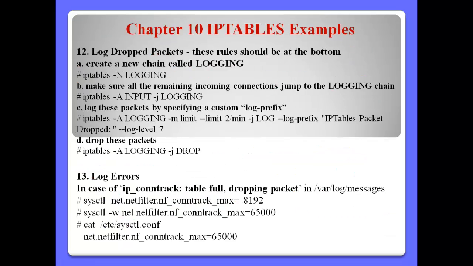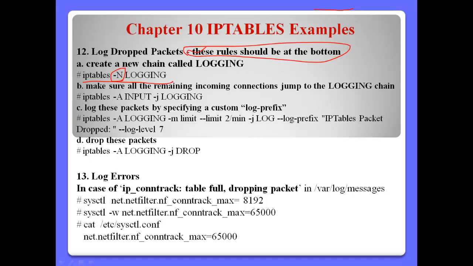Number 12, log dropped packets. Even if we can configure this kind of rule, this rule should be at the bottom. For example, first one, iptables -N logging, where N means new. So now we can create a new chain, named logging.